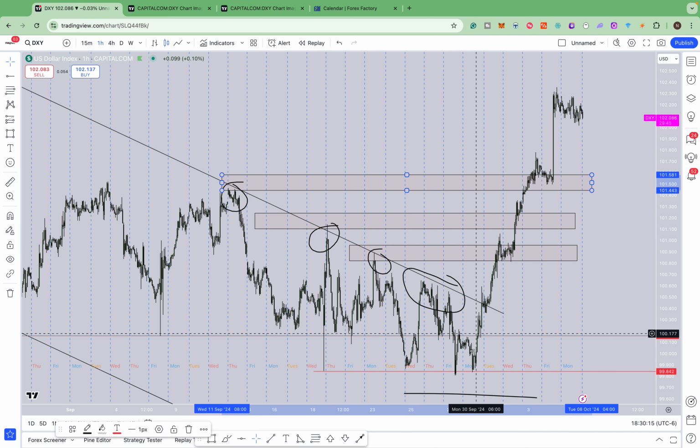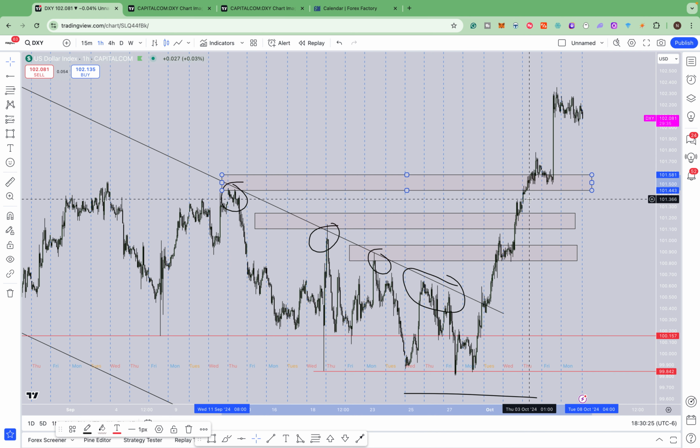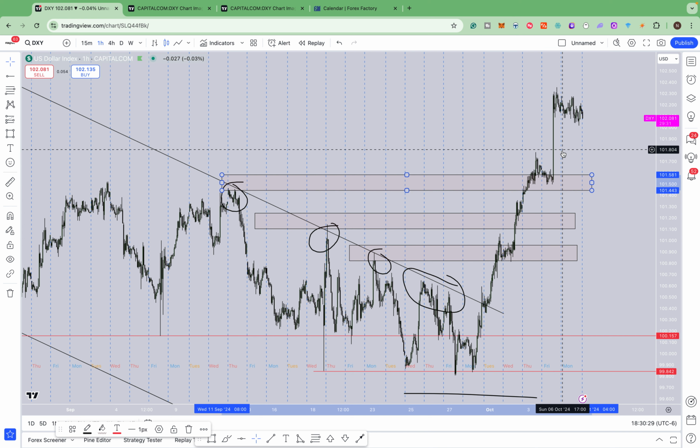And we can see price immediately after inducing as many sellers as possible, they reverse against those sellers and hit their stop losses one by one by one. And this was an NFP event.